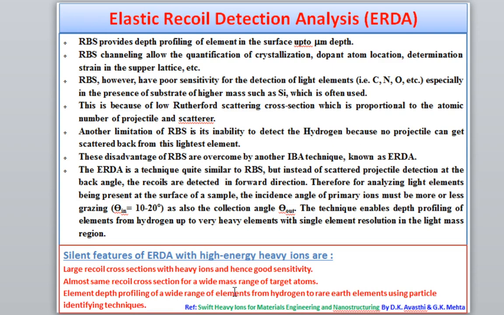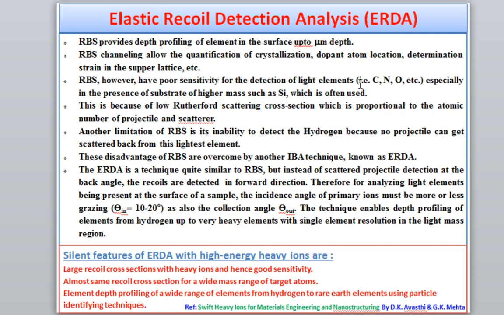So, an overview of what we have learned: RBS provides the depth profile of elements in the surface up to micrometer depth, and RBS channeling allows the quantification of crystallization, dopant atom location, and determination of strain in the superlattice, etc. RBS, however, has poor sensitivity for the detection of light elements, as we have already learned, because the scattering cross section is directly proportional to Z1 and Z2.